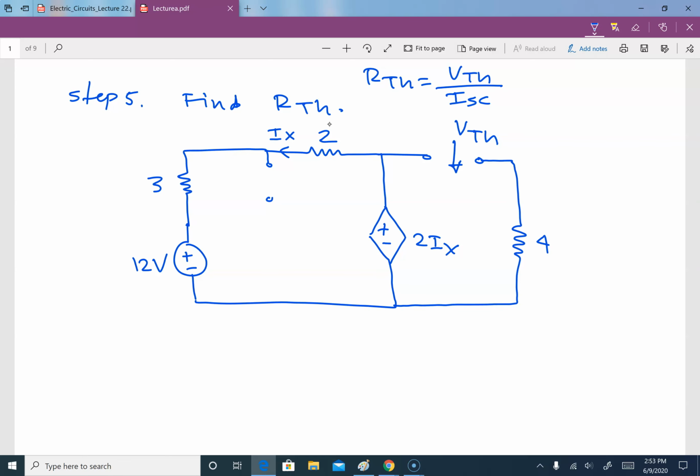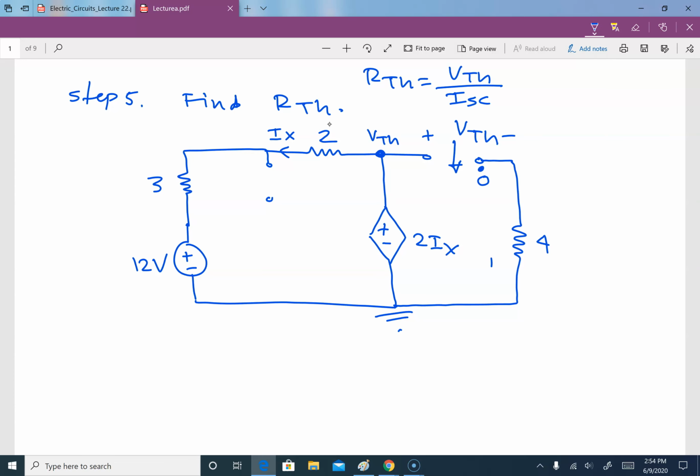So V-Thevenin is here. This is our ground. If I have this as a plus minus, this is connected to the ground and there is no current flowing through that, then that is 0. That means really this is our V-Thevenin at that node.